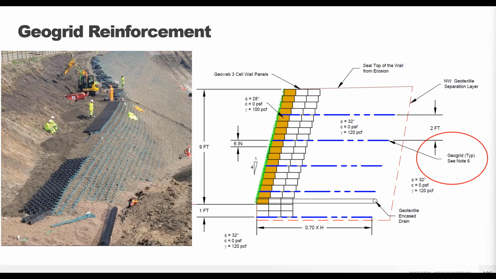For uniaxial grids, that means perpendicular to the wall face, since the grid only provides strength in that one direction. Again, talk to any of our team, prestogeo.com or info@prestogeo.com for help with your project needs.